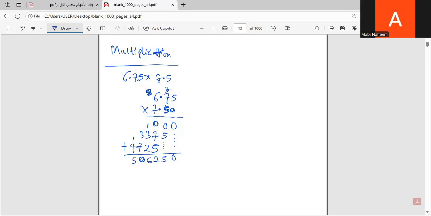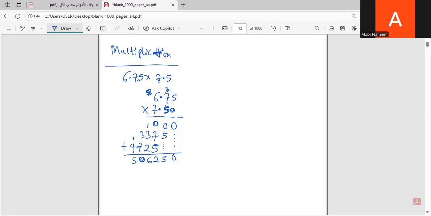Now, the big deal is how to place the decimal point in our final answer. The multiplication and the addition, we did the way we multiply whole numbers manually. But now the problem is how to place the decimal point. How to do that is very easy.